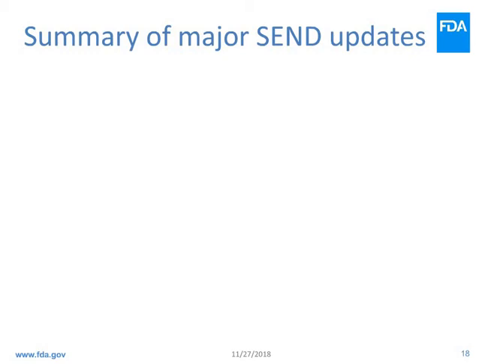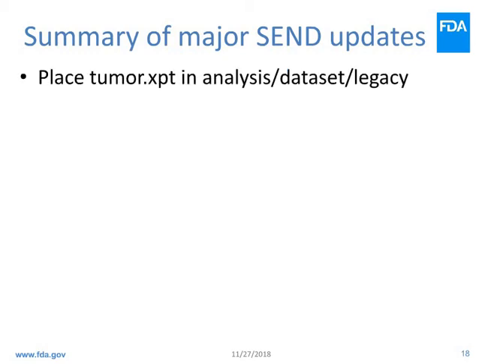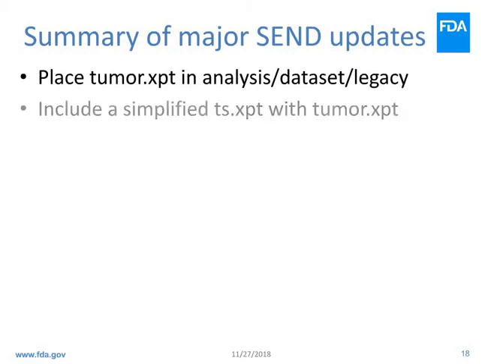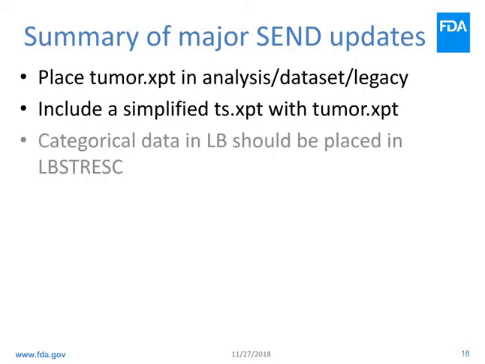So the SEND updates that I'm going to be talking about are where tumor.xpt should be placed, some clarification about including the simplified ts.xpt with tumor.xpt. It should be placed in the same folder.